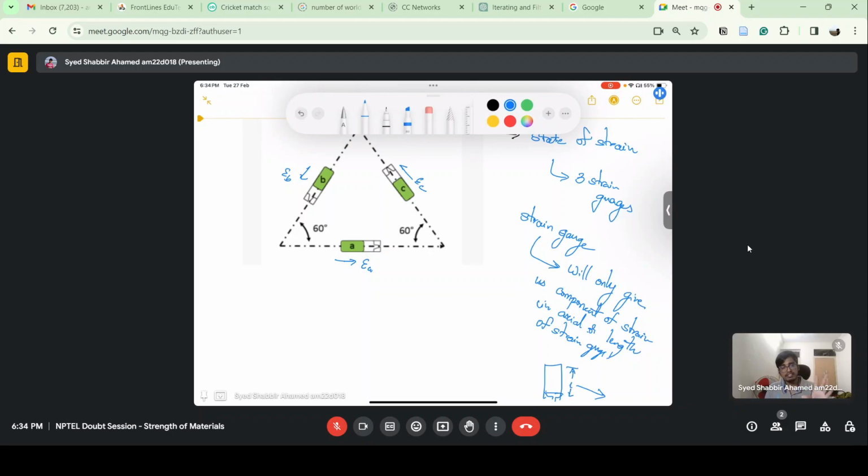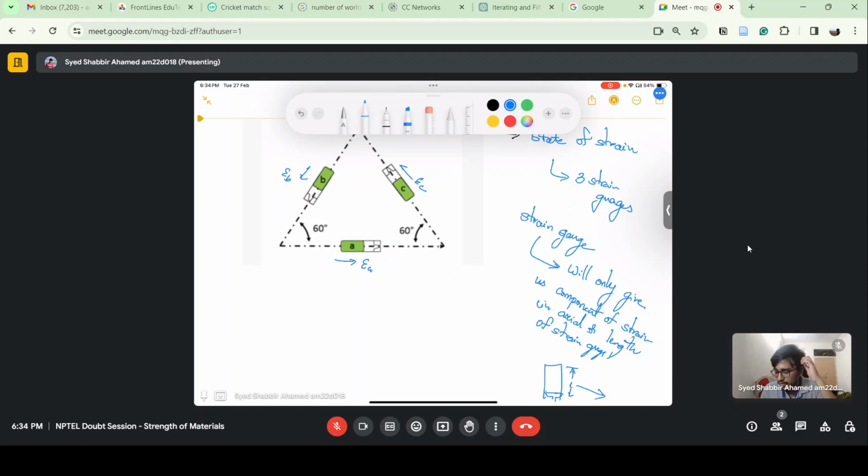These strain gauges are very small, so you apply them at a small area. Obviously we say that we measure the state of strain at a point, but it is not exactly at a point, but at a small area at which this rosette is applied on the specimen.